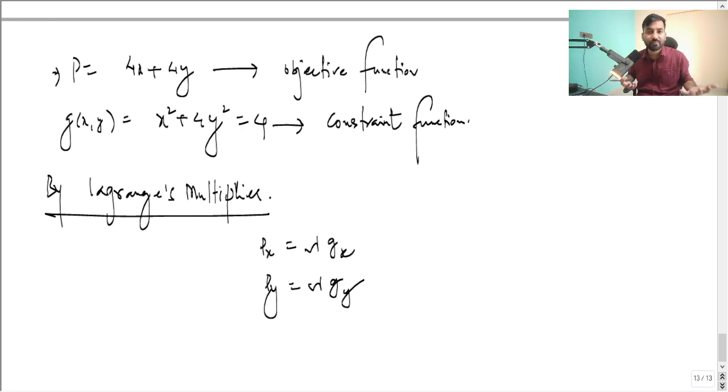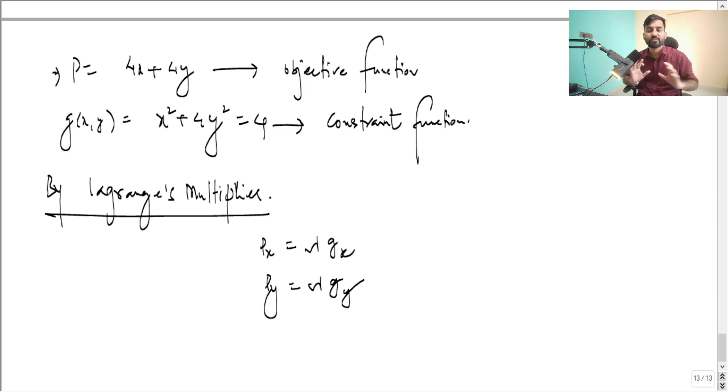Those who have attended my multivariable calculus class know that sir has told us, whenever you are going for partial derivative, you have to differentiate a function of two variables with respect to one variable at a time, treating the other variable as constant. So Px equals lambda times gx, Py equals lambda times gy.